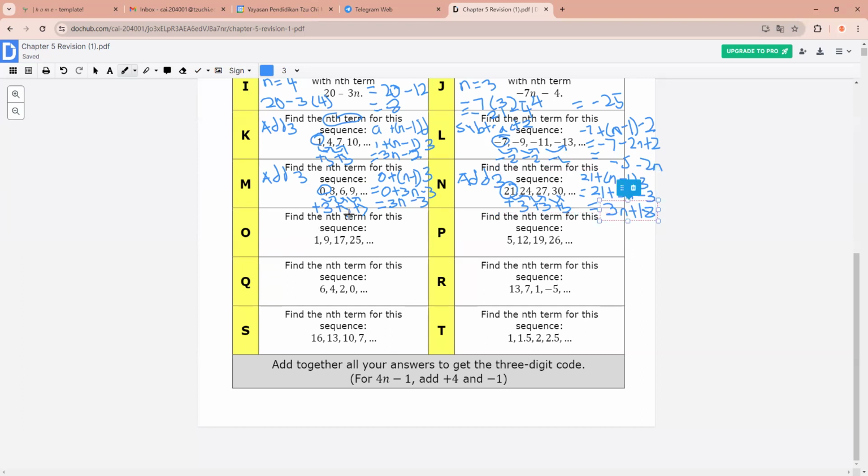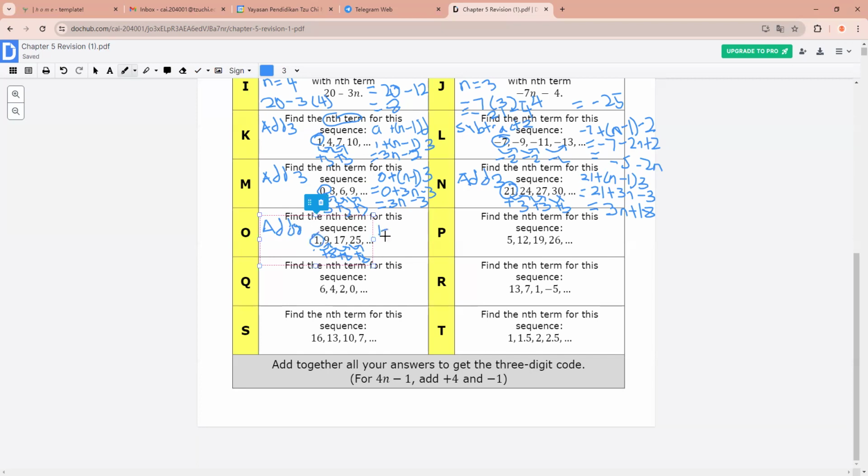Next question, find the nth term for the sequence. So again, we start by finding the term-to-term rule. And from here you can see that the term-to-term rule is adding 8 to each term. So add 8. And the first term is 1.